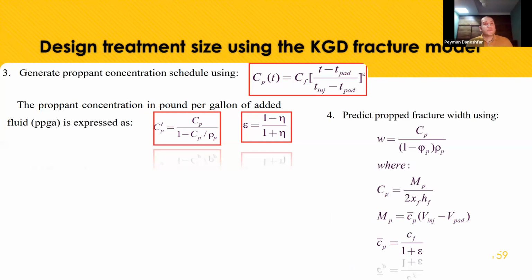Next, we generate the proppant concentration schedule. It depends on the time of the pumping of the pad and the time of the injection, so the concentration schedule depends on time. The proppant concentration in pounds per gallon, ppg, can be shown.